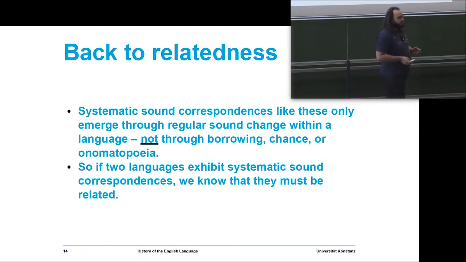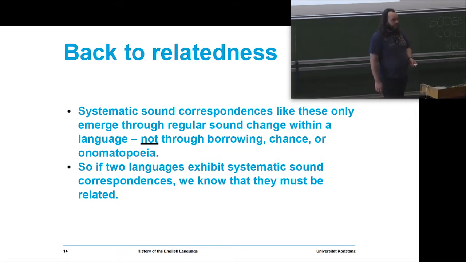Okay, so as I've said, this is the smoking gun, because systematic sound correspondences of this kind only emerge through regular sound change within a language. They don't emerge through borrowing, chance, or onomatopoeia. That's the important thing. I mean, they could emerge through borrowing, chance, or onomatopoeia, but the likelihood of that happening is so low that we can safely rule it out in almost all of these cases.